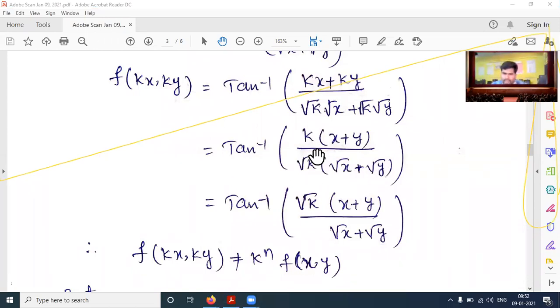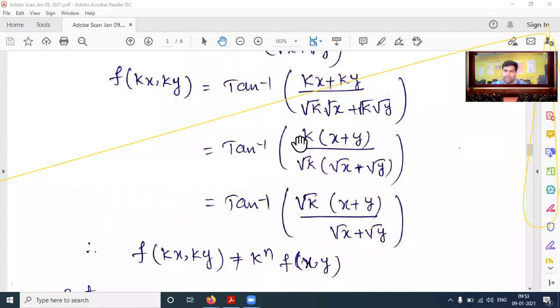So k divided by root k: k we can write as root k into root k, so root k will get cancelled.